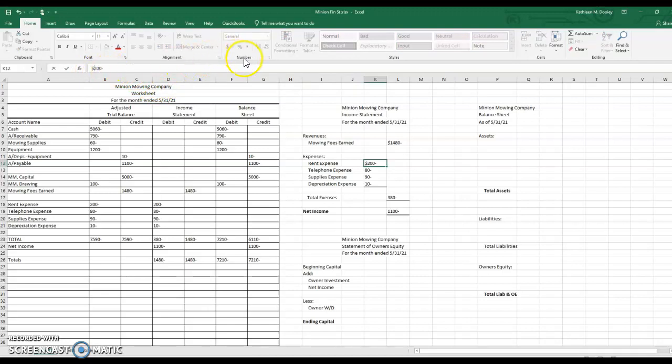Of course, there are dollar signs you can use if you put these in as numbers, as opposed to the dash I put in, which made it different. Now, I should line them up.